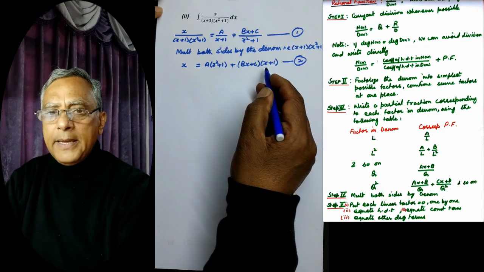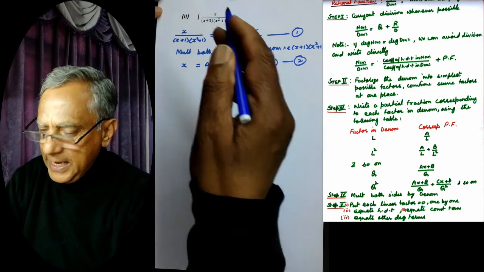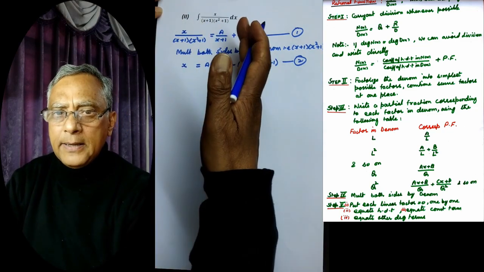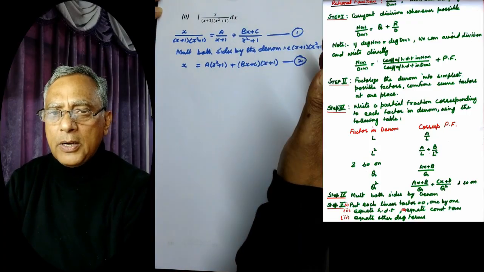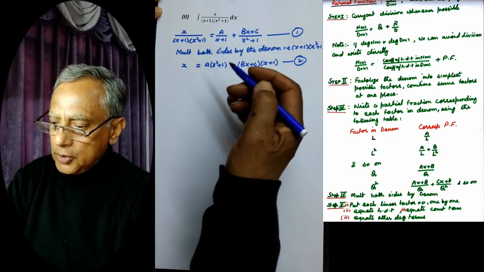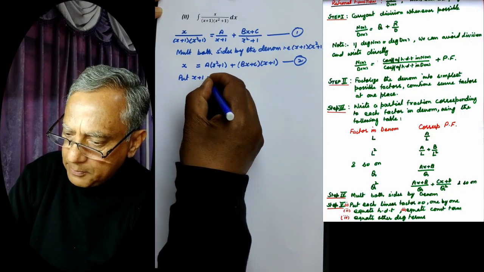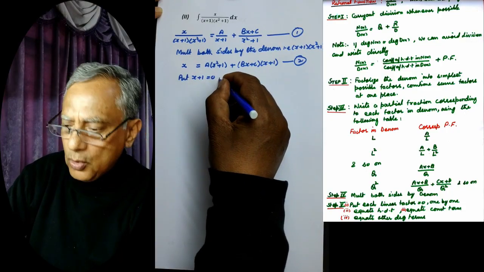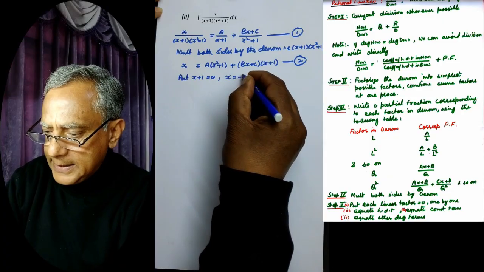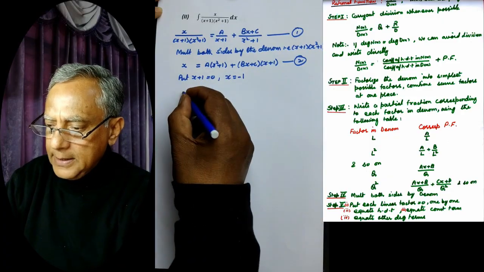Now we will find the constants. First, equate all the linear factors equal to 0, one by one. So there is only one linear factor. First we will put x plus 1 equal to 0, that is x equal to minus 1.